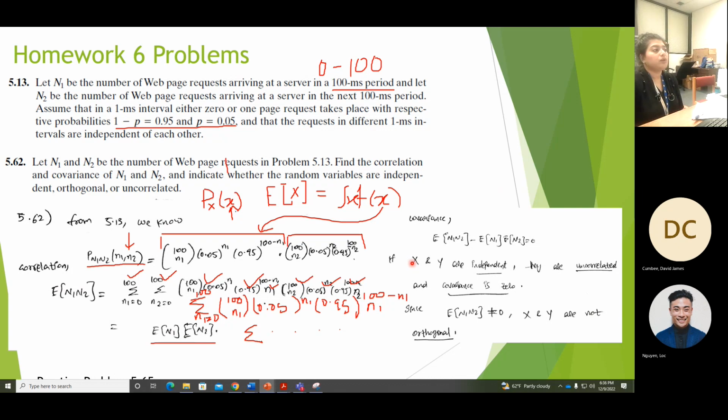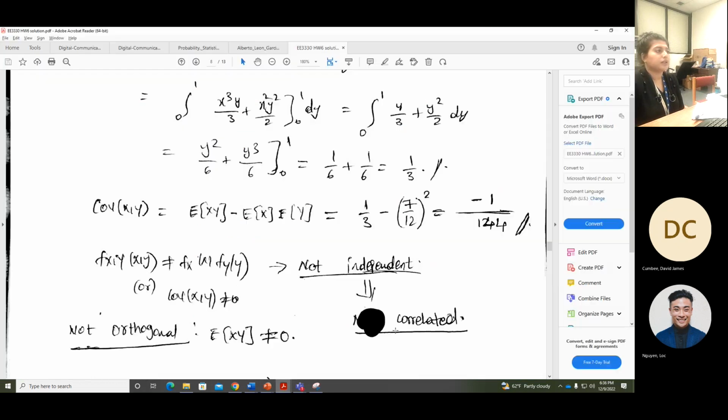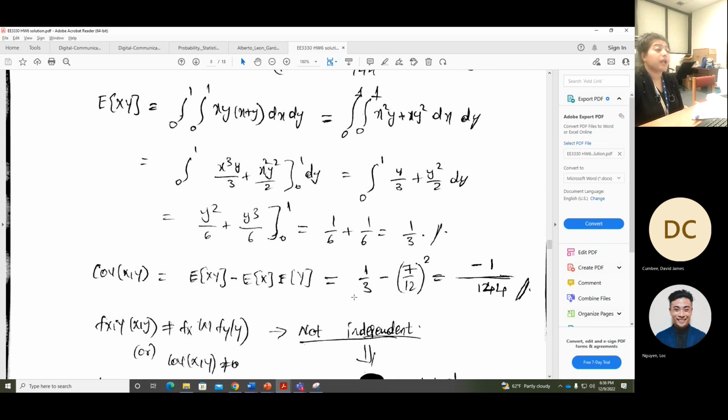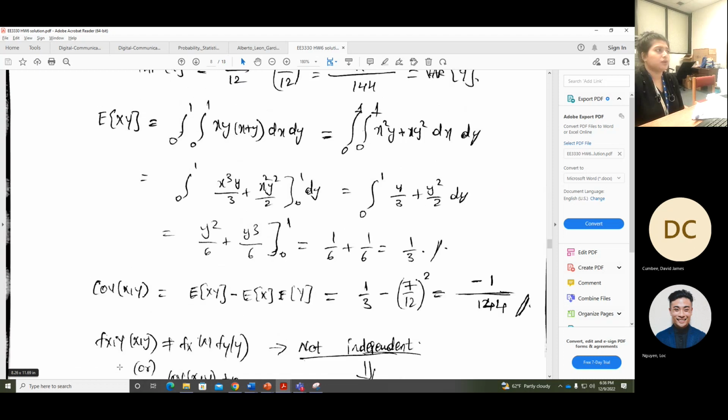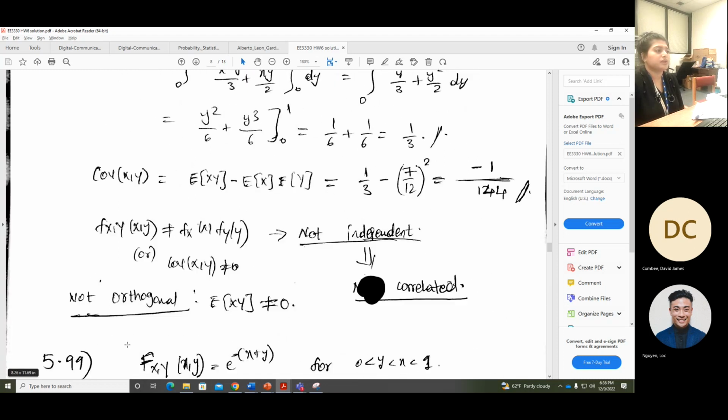Now from here, you might also be given something to find out the rho. You should not be too surprised if you get those problems, because it will be formula based if you already have the covariance values. This problem does not have it. That's why I indicated that this problem is a practical application, because we do have the values for these problems. Once you find the covariance, and you already have the variance, you can find out the rho of XY.